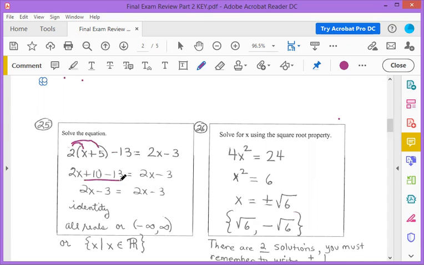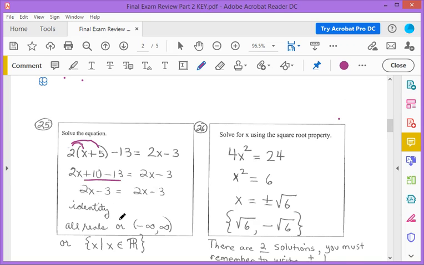Now we see 2 terms on the left that can be combined. 10 minus 13 gives us negative 3. Carry down your 2x, your equal sign, and 2x minus 3 on the right side of the equal sign. We see that 2x minus 3 does equal 2x minus 3. We have both sides equivalent to each other.